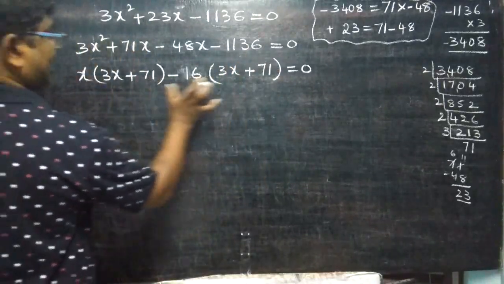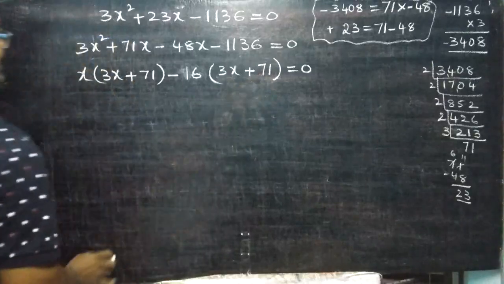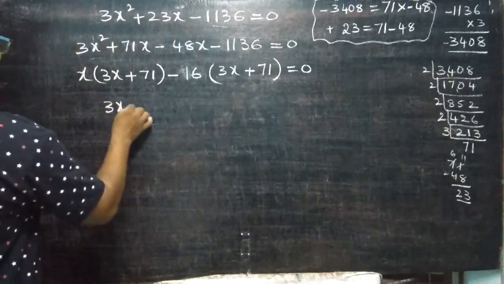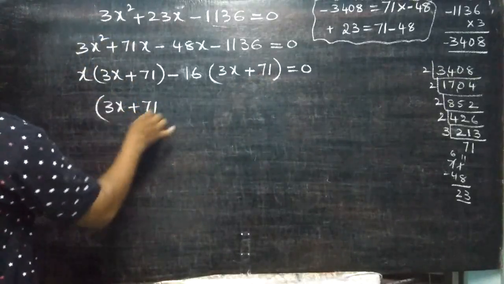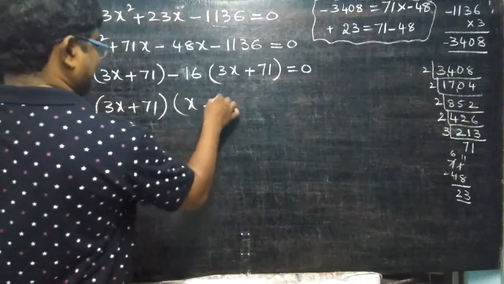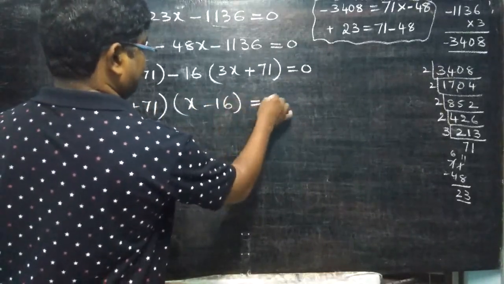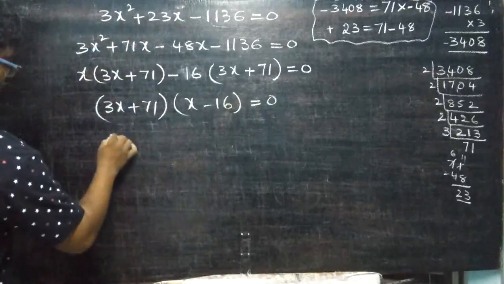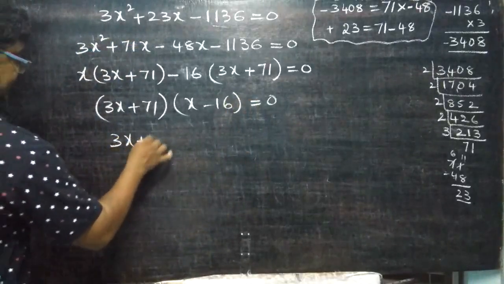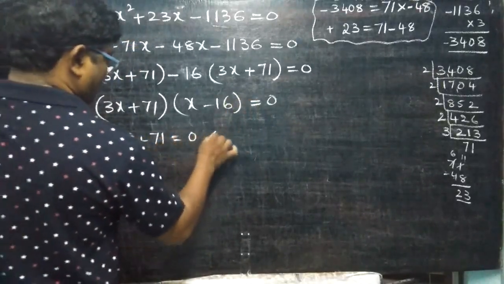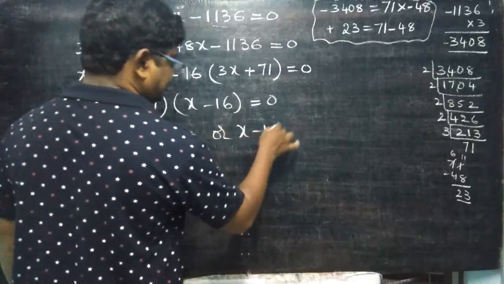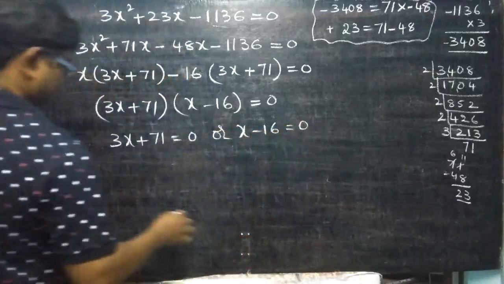What comes in the first bracket? As it is comes in the second bracket. So (3x plus 71) into (x minus 16) is equal to 0. Now 3x plus 71 is equal to 0 or x minus 16 is equal to 0.